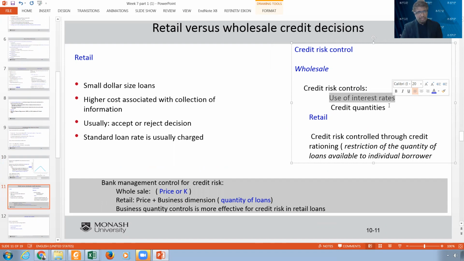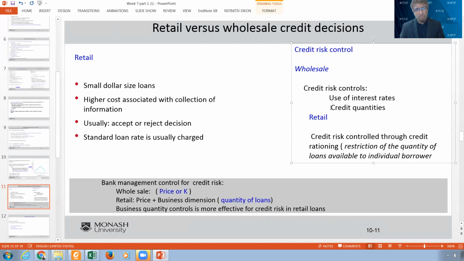And if you increase the interest rate, the reaction from the wholesaler will be, no, I don't want more loans because it's already expensive for me, because they can analyze and they have the rate of return and they can calculate it. So you can use this way, they will react.